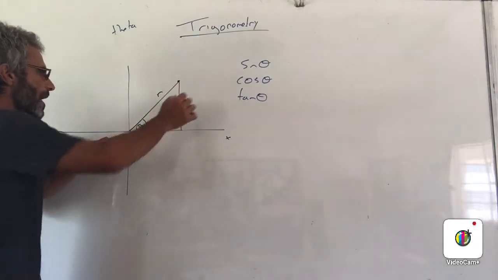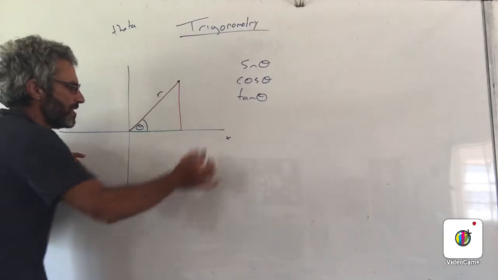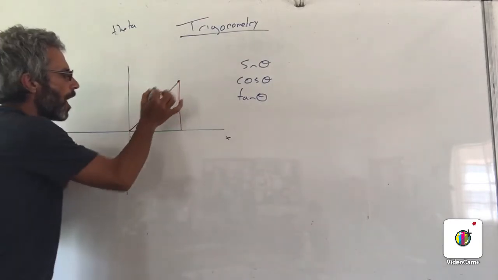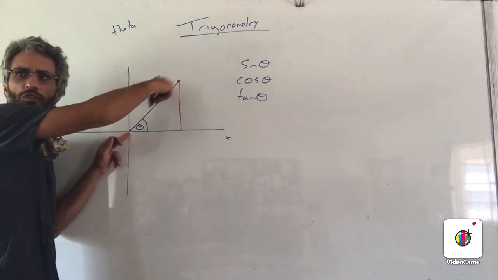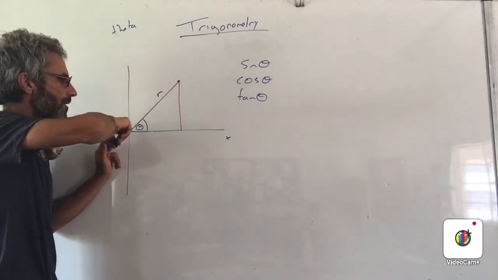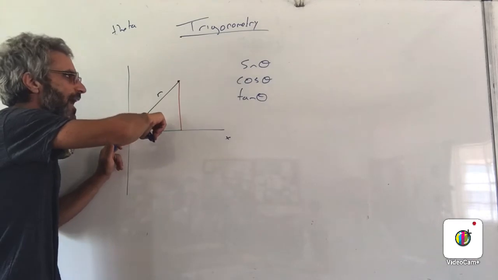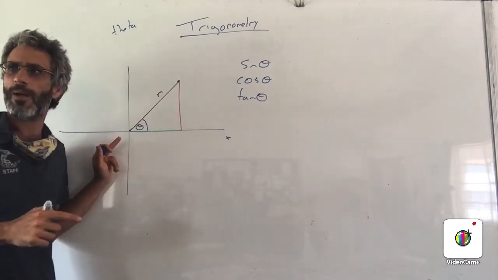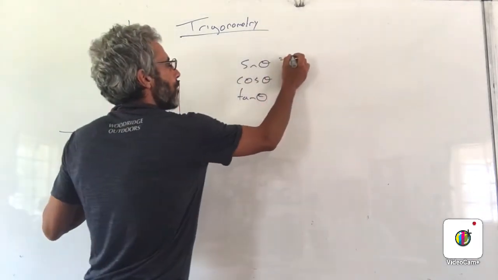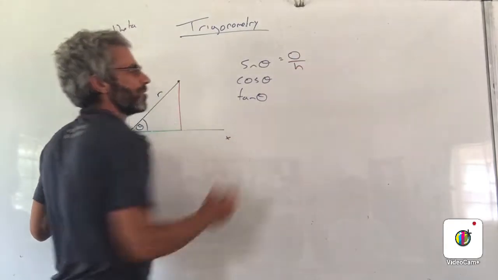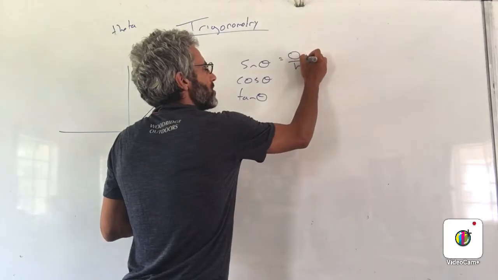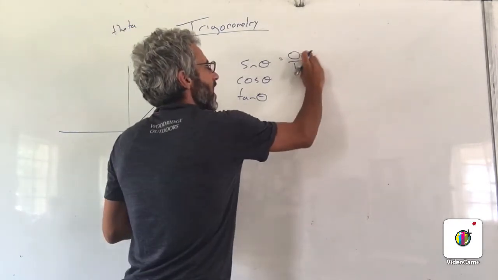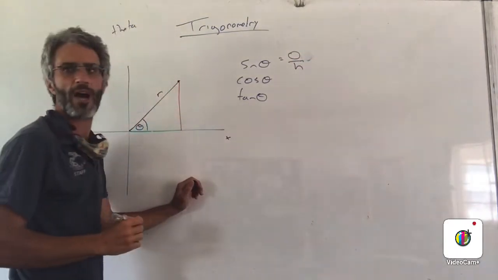Now, I'm going straight to the Cartesian plane. R is what I'm going to call the hypotenuse. It's the distance from the origin. What is sine theta? Do you remember? Opposite over hypotenuse, SOH.